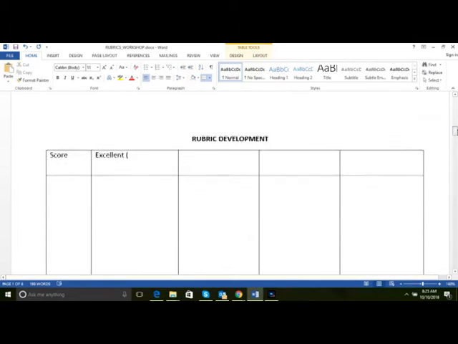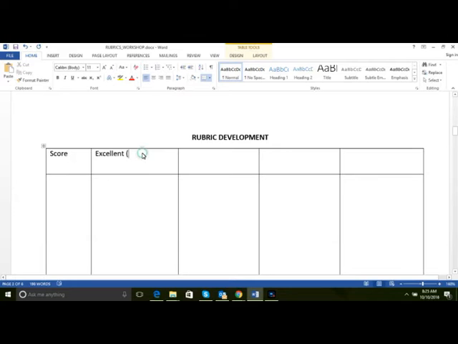Excellent, 90 to 100%. Adequate, 75 to 90%. Minimal, 60 to 75%. And unsatisfactory, 0 to 60%.